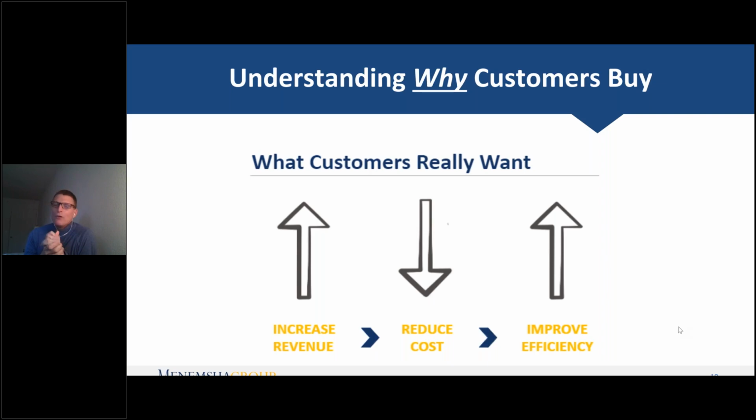And so what every customer is thinking about is how they can increase revenue, how they can reduce cost, and how they can better improve asset utilization or allocate their assets and ultimately improve efficiency. So even the hiring managers that you're calling on and corporate buyers, what they're interested in is hearing about how you can help them increase revenue, reduce cost, or improve efficiency.